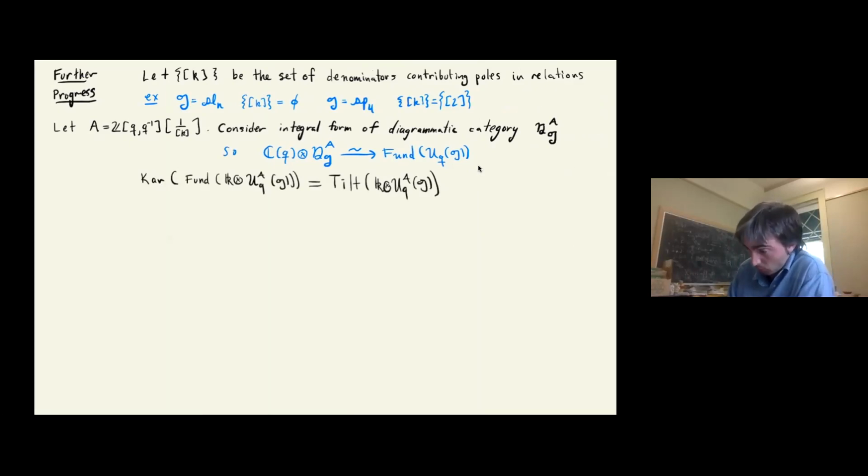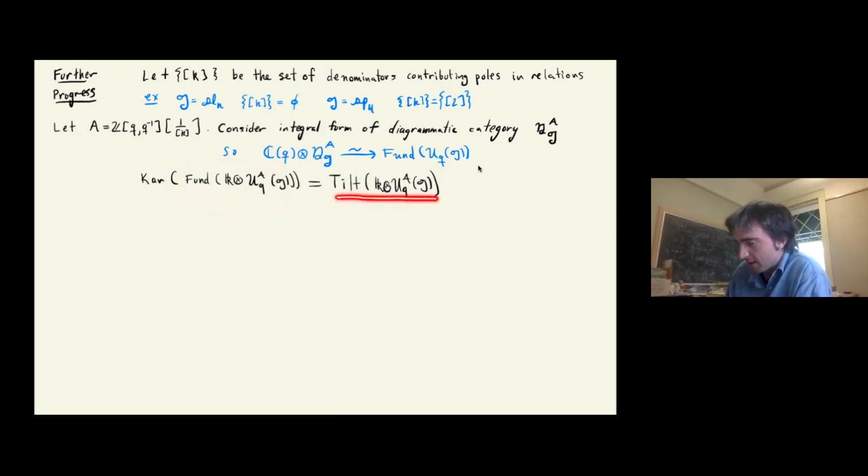The thing we do know in general is that I can take the quantum group, which is definitely defined over this ring A, and base change it to any field that I want, consider fundamental representations for this, and take its Karoubi envelope.